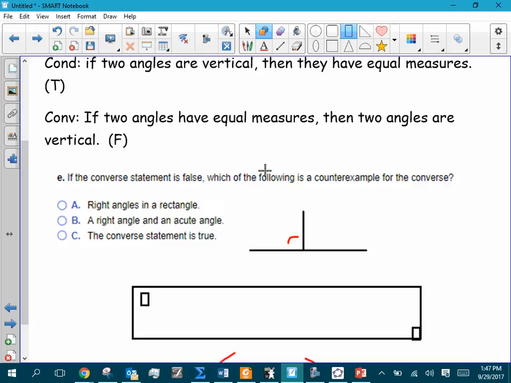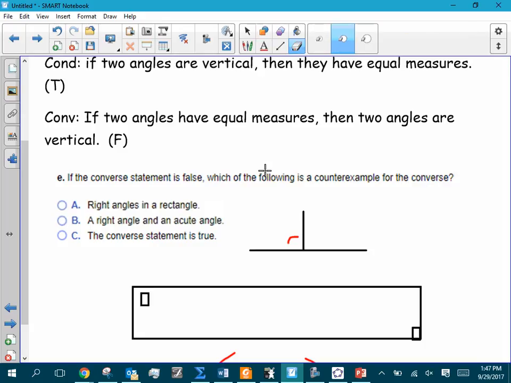Okay? Part B says a right angle and an acute angle. Well, I'm not going to choose a right angle and acute angle. Let me plug this in real quick.